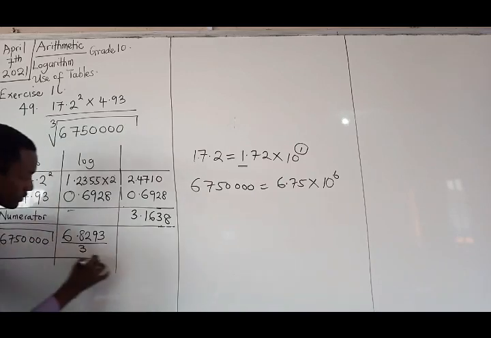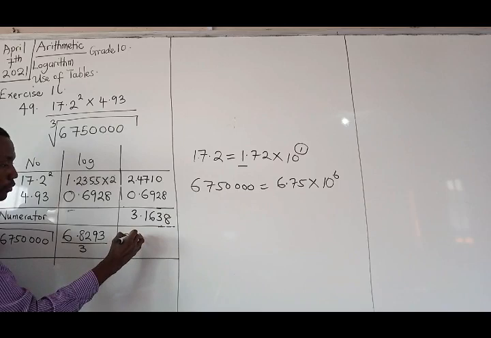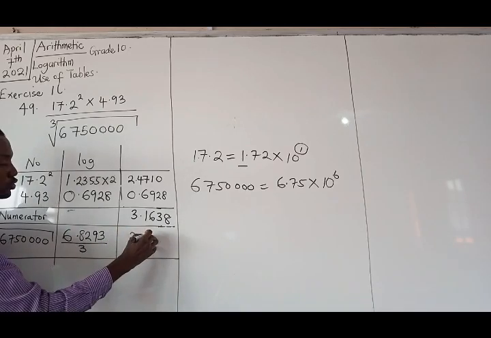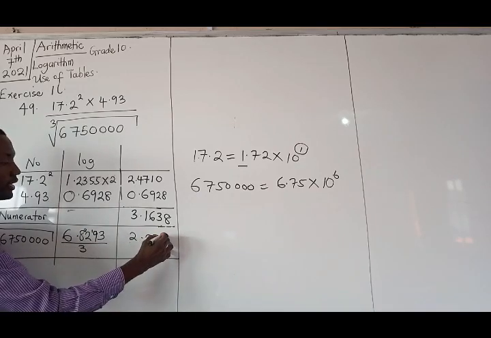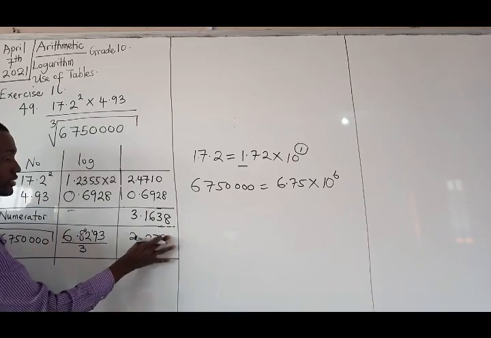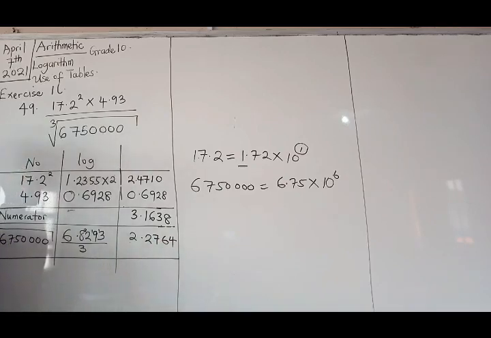So 3 divided by 6 will give me 2 point. 3 divided by 8 will give me 2, a carry of 2 into 21, 7. Into 19, 6, a carry of 1 into 4. So that will give me 2.2764. So this is what we're going to get.